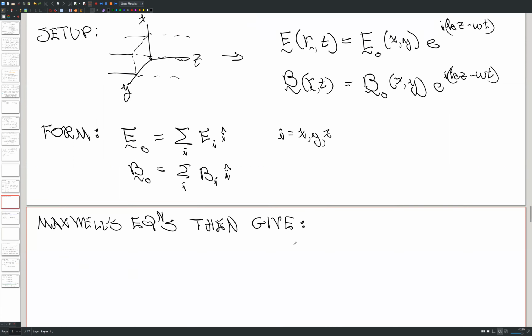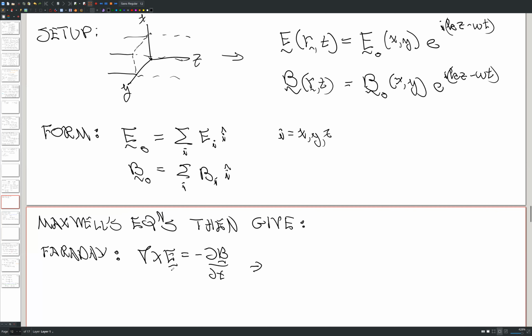And you get a set of equations. So if I look at Faraday, this tells me that the curl of E is equal to minus dB/dt. And that gives me the following three equations, taking the X, Y, and Z components of the curl.